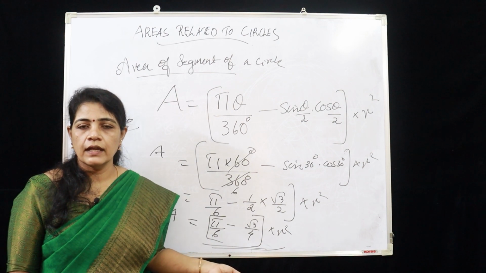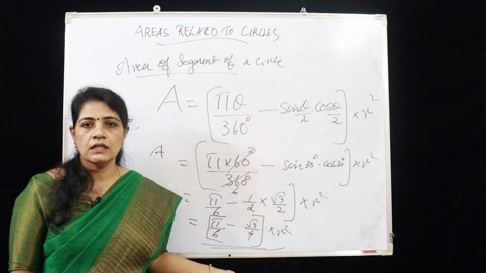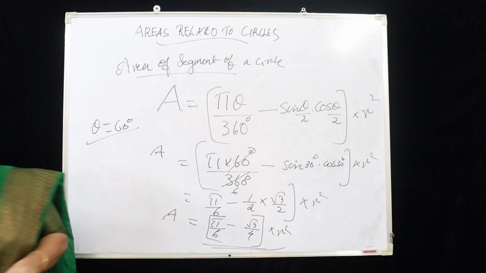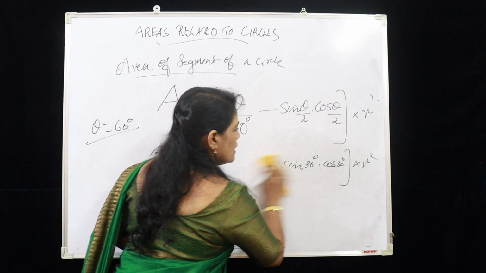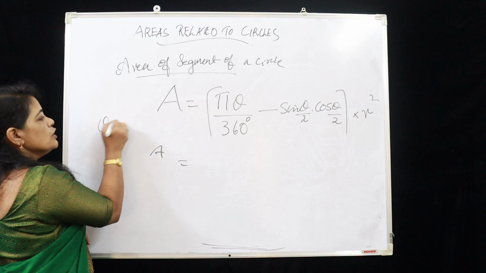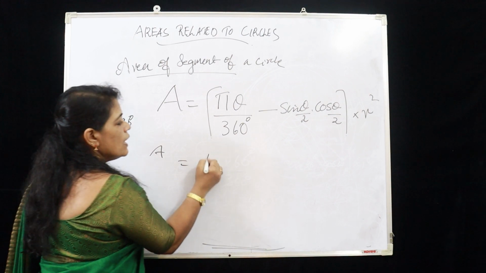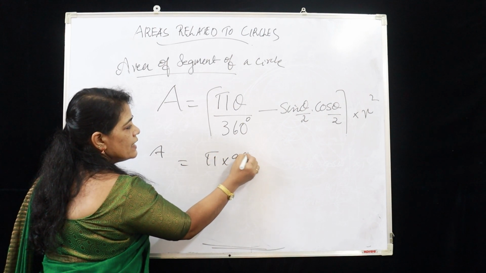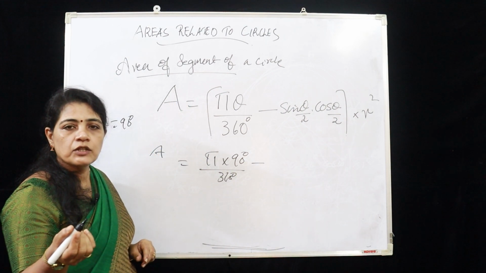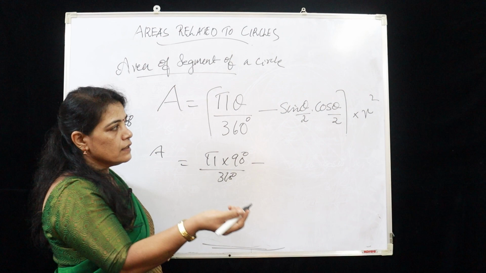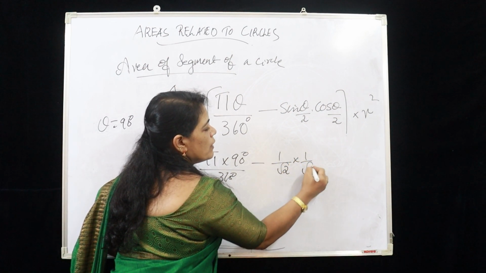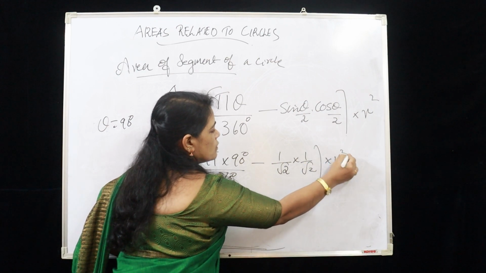Next, we are going to calculate the area of the segment when theta is equal to 90 degree. For that, I am going to substitute theta as 90 degree. As usual, pi into 90 degree by 360 degree, minus sin 45 into cos 45, which is 1 by root 2 into 1 by root 2, into R square.